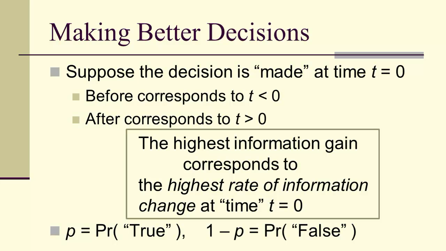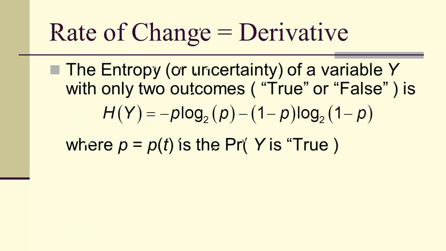Remember, p is the probability of true, and 1 minus p is the probability of false. So if we only have two outcomes, true or false, then the entropy is negative p log base 2 of p minus 1 minus p log base 2 of 1 minus p. And p of t here is the probability that y is true.